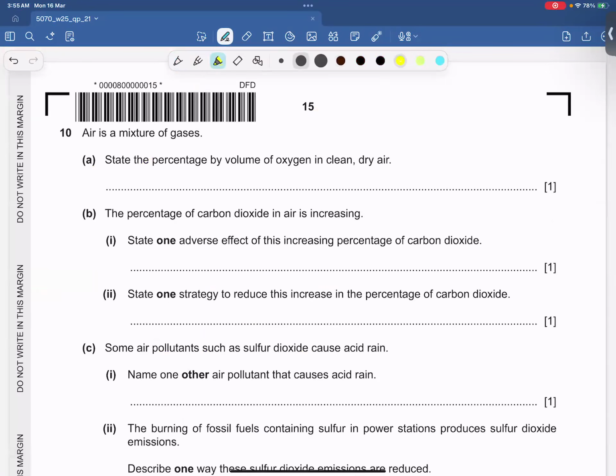Last question. Air is a mixture of gases. State the percentage by volume of oxygen in clean dry air. That's 21%, I believe. Then the percentage of carbon dioxide in air is increasing. State one adverse effect of this increasing percentage of carbon dioxide. Causes greenhouse effect or causes global warming.